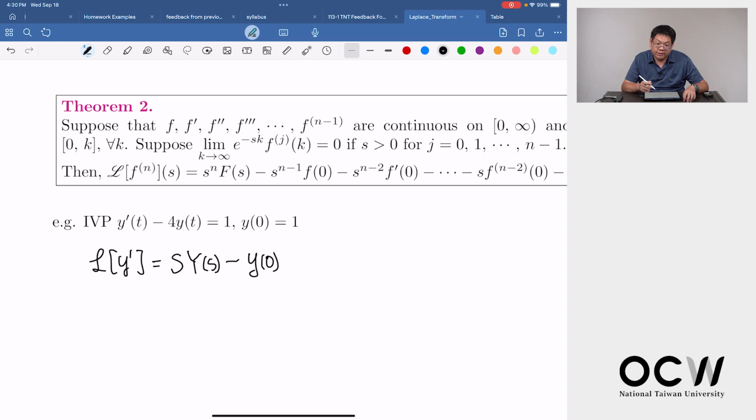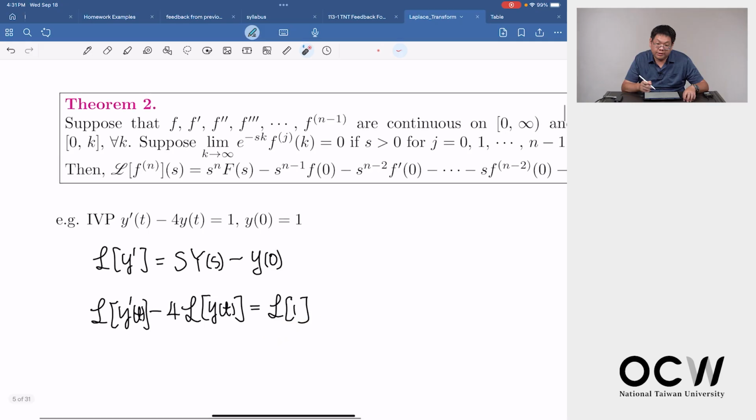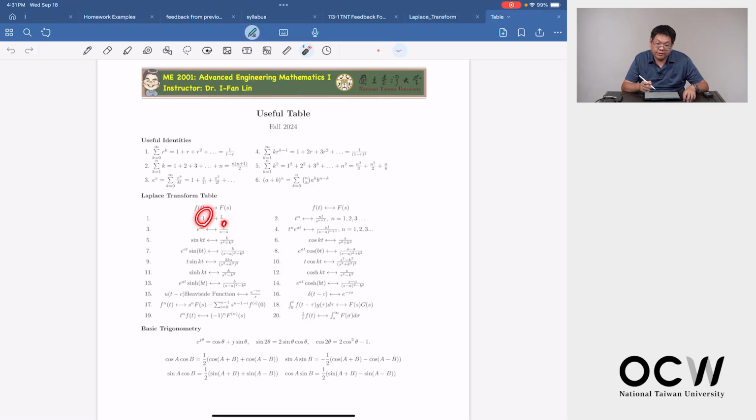Then take the Laplace transform of this whole differential equation. We have the Laplace transform of y prime minus 4 times the Laplace transform of y equals the Laplace transform of 1. First, what is the Laplace transform of 1? Check the table. It will be 1 over s.